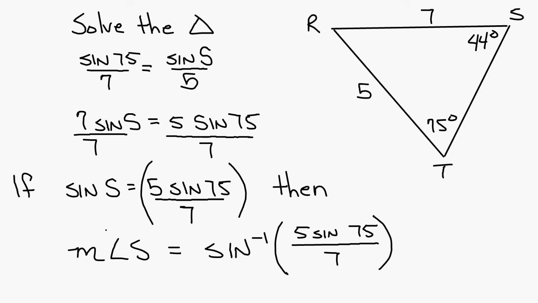So now, you know these two angle measures, subtract them from 180. And 61 degrees right here. Angle R is 61 degrees. So now you can find side ST or lowercase r.